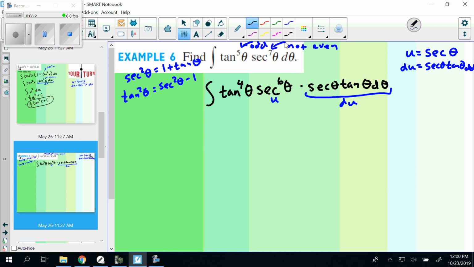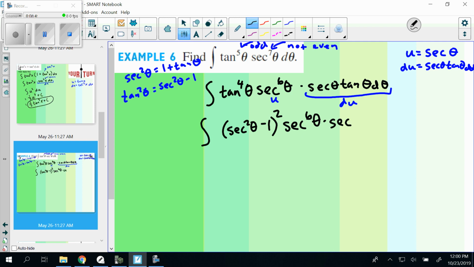So what we have here is, since we've got tangent to the 4th, we do have secant squared minus 1. That would be for tangent squared, but since this is to the 4th, that means we have to square this. So we've got tangent squared to equal that, times this other secant to the 6th, times all this other stuff.